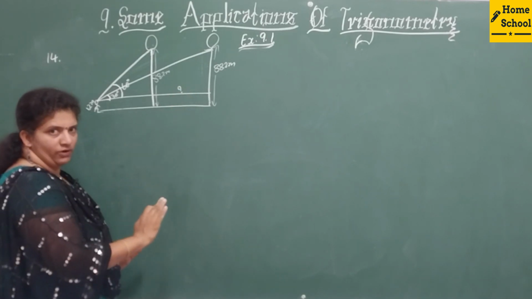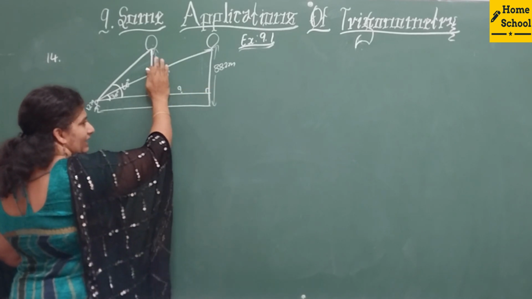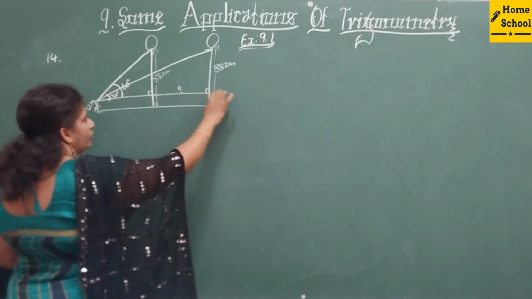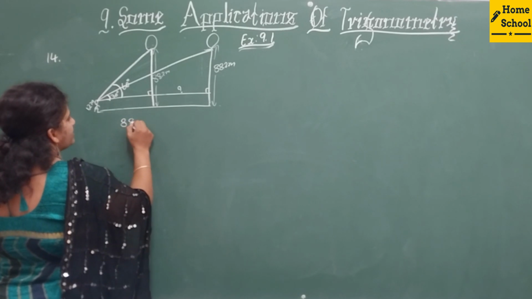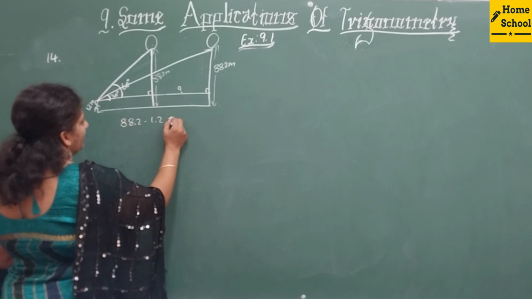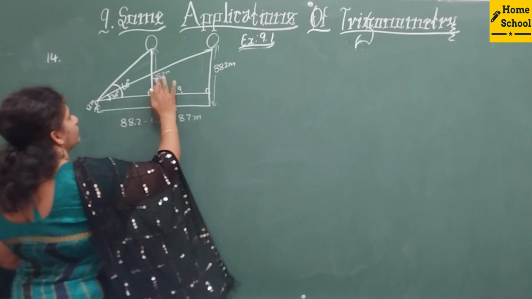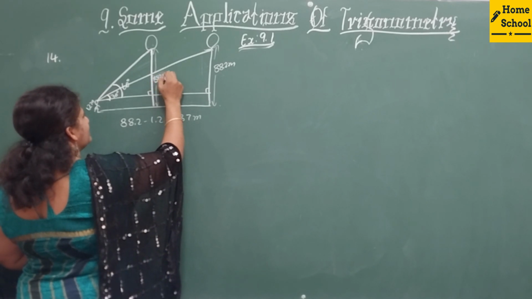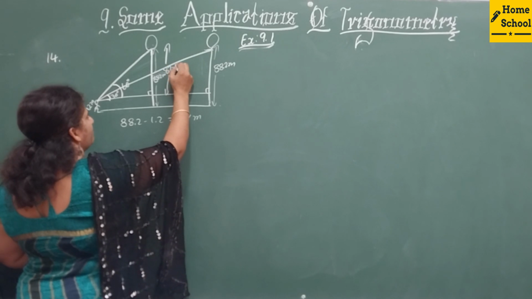Before starting this problem, we need to reduce girl height from the height of the balloon. Girl height is 1.2 meter, right? This 88.2, you subtract girl height, that will be 87 meters. If you want, you can write it as it is. From here to here, it is 87 meter.